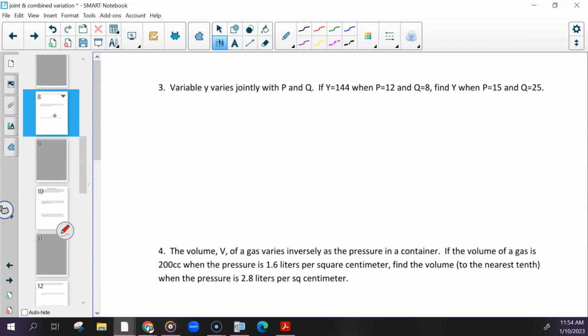How would we set this up? Look back at the examples we were just doing if you need a reference.